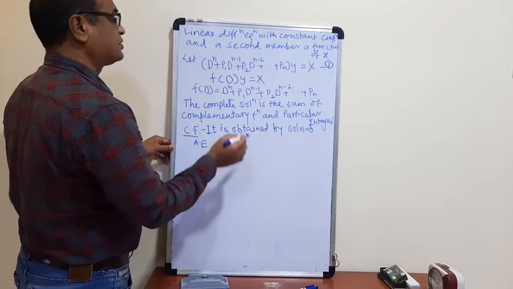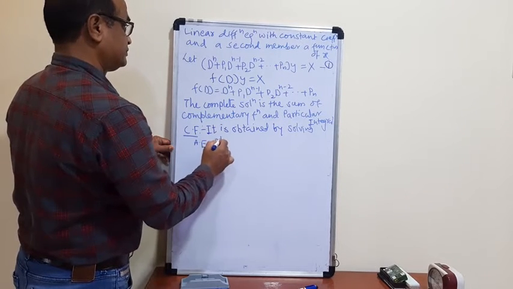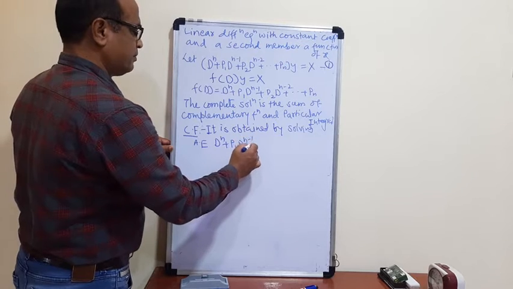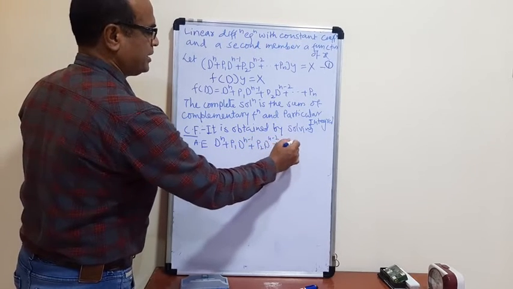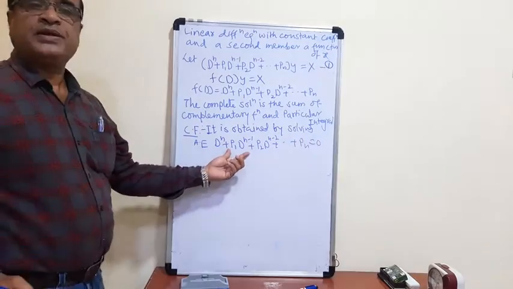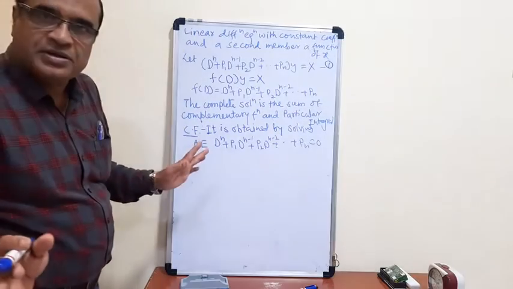What is the auxiliary equation? D raised to n plus p1 D raised to n minus 1 plus p2 D raised to n minus 2, and so on, plus pn is equal to 0. Whatever solution we get by solving this is called the complementary function.